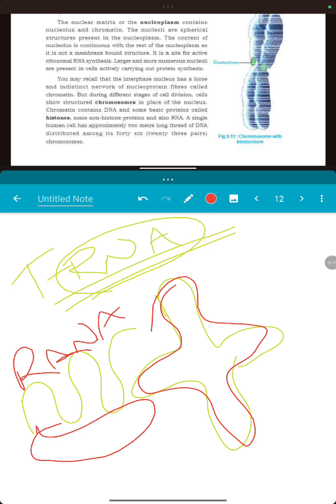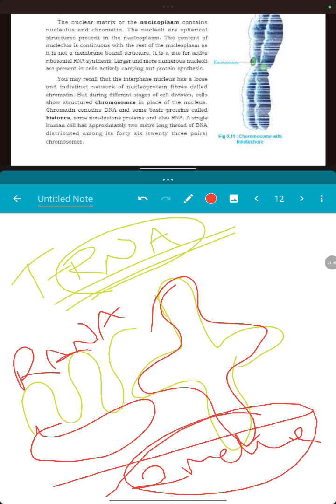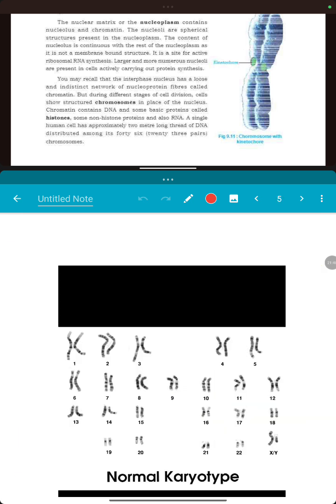A single human cell has approximately 2 meters of DNA thread distributed among 23 pairs of chromosomes. See, these are numbered starting from 1, 2, 3, 4, 5, up to 23 pairs of chromosomes.